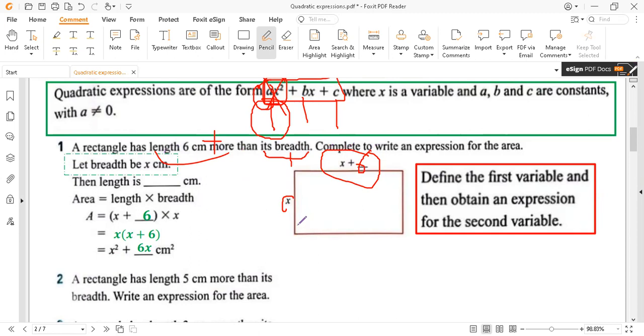We already know that the area of any rectangle equals the product of the breadth by the length, equal to x plus 6 by x, or the opposite, x by x plus 6, because we know that 2 by 3 equals 3 by 2, so the product is commutative.